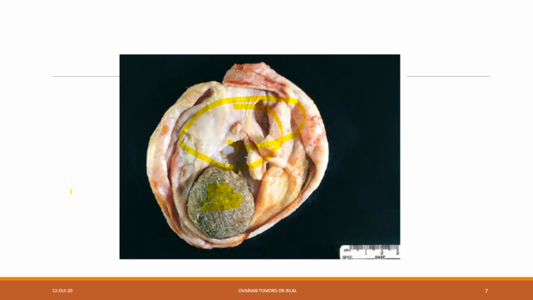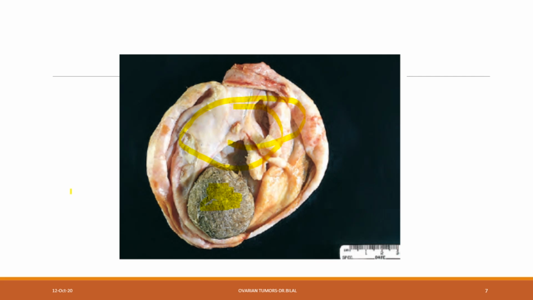Somebody also might write that some sebaceous material, some greasy material was also visible when the cyst was opened up. Somebody might say that teeth were visible on gross inspection, or skin, or bone.